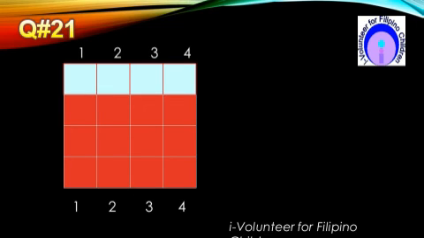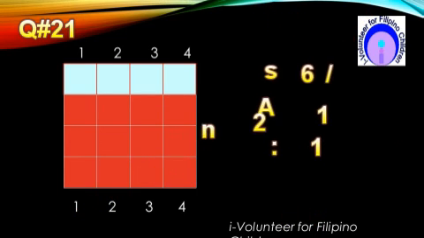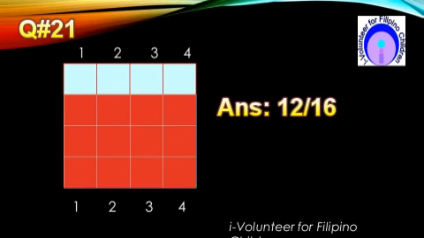Number 21. What fraction names the red squares? The answer is 12/16.